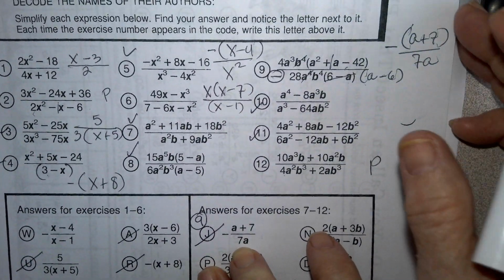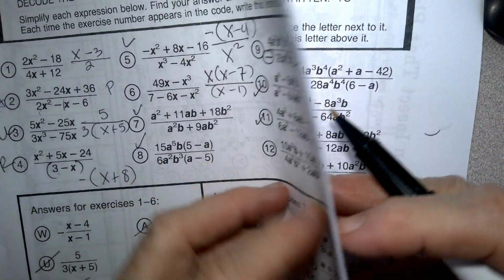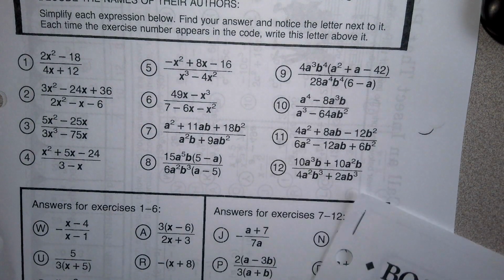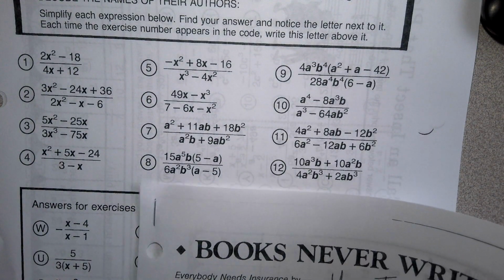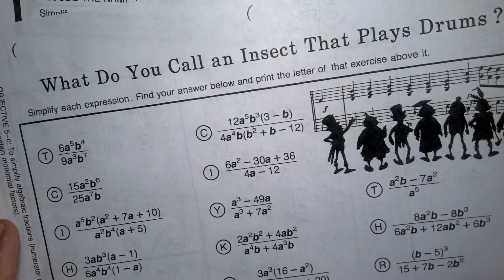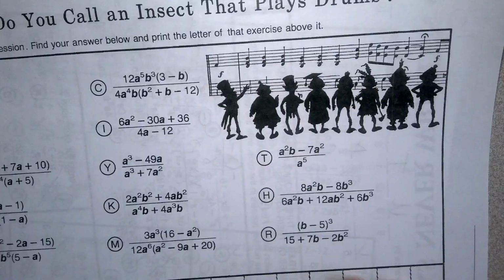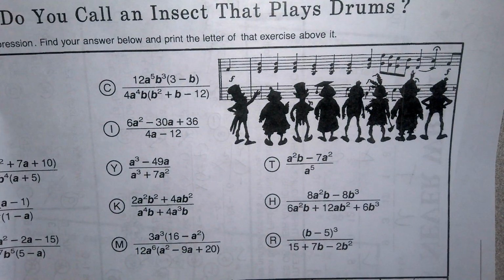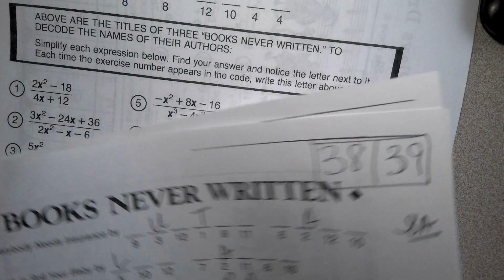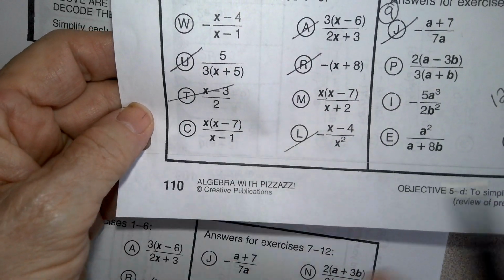Tomorrow in the library, I think we're just going to do the back page. This is the same thing. In fact, I tried to do it strategically where this is Pizzazz 110.